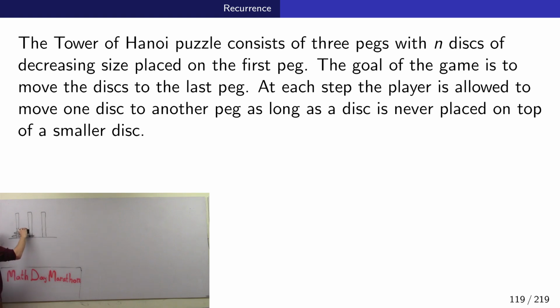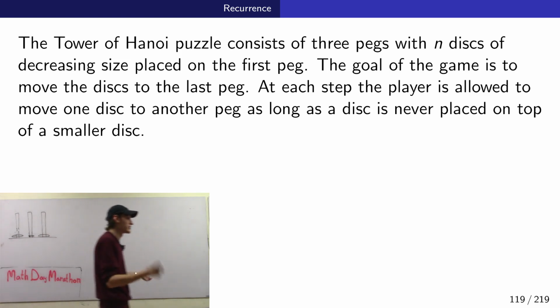I can't take this piece and move it on top of the smaller ring. You can't take a bigger piece and put it on top of a smaller piece. So after I move this one over, the next thing I can do is either move my small piece or move my middle piece over to here. That would be an allowable second move. So these are the things I can do.